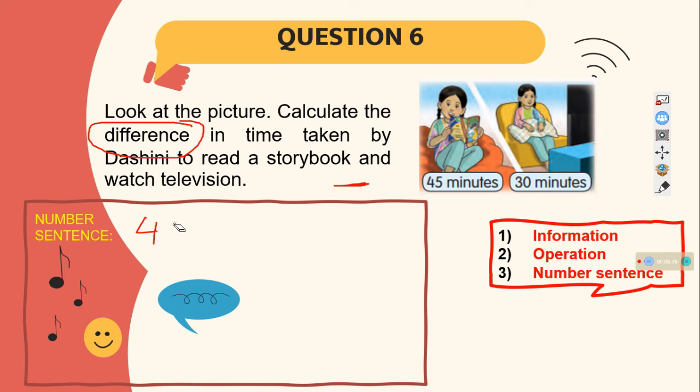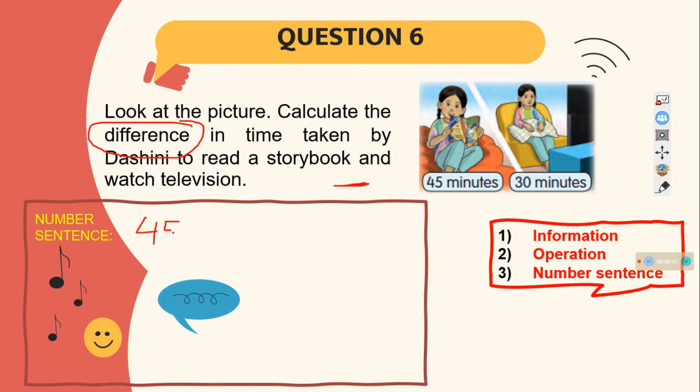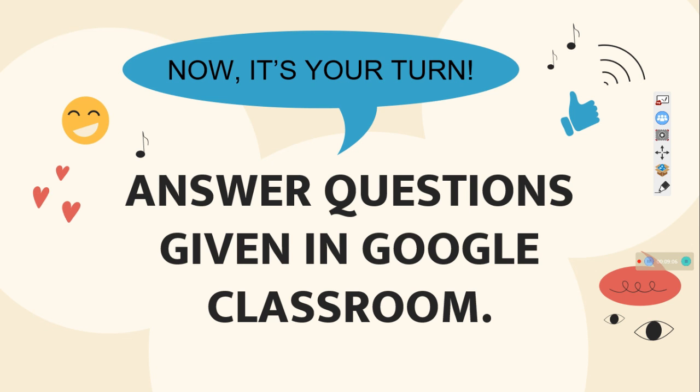So write down 45 minutes. Don't forget to write down its unit, which is minutes. 45 minutes minus 30 minutes. After you write down the number sentence, then you solve the question. Okay, this is the number sentence for question 6.